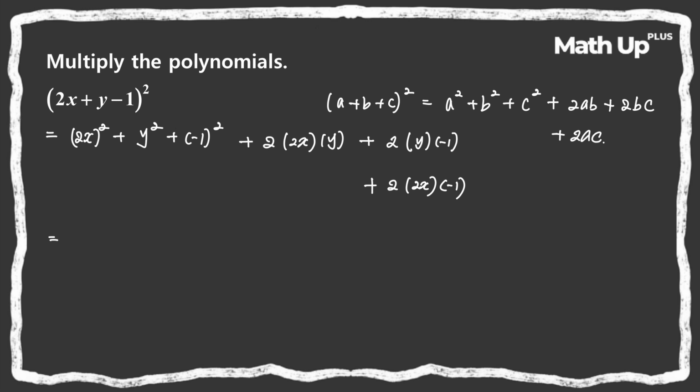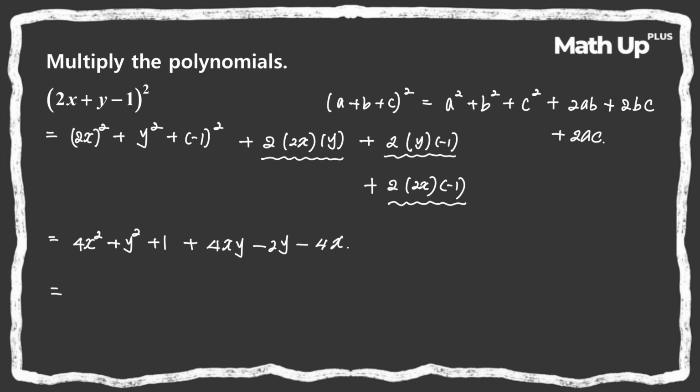So that is equal to 4x squared plus y squared plus 1 plus 2 times 2x times y, that's 4xy, 2 times y times -1, minus 2y, plus 2 times 2x times -1, minus 4x.